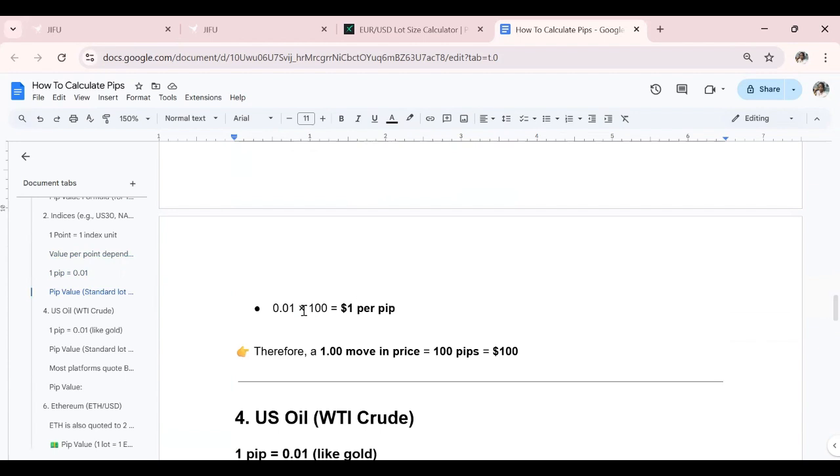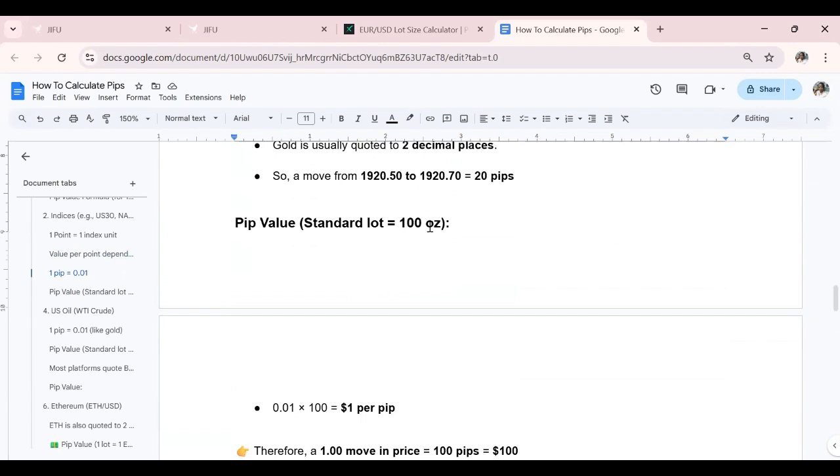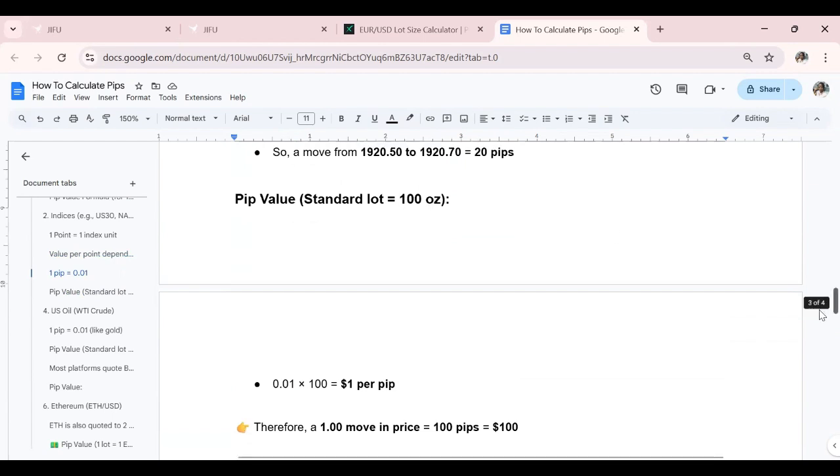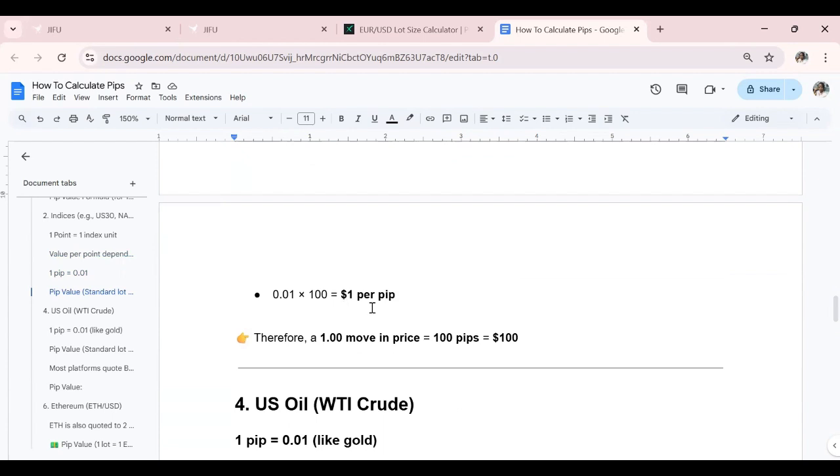So you simply multiply 0.01 by this standard lot size of 100 ounces. So multiply by 100 and it gives you $1 per pip of movement. So if gold moves by 100 pips and you're trading with a standard lot size, that means you've made $100.